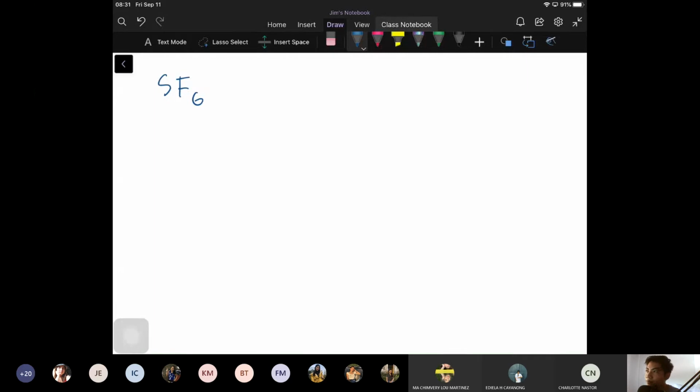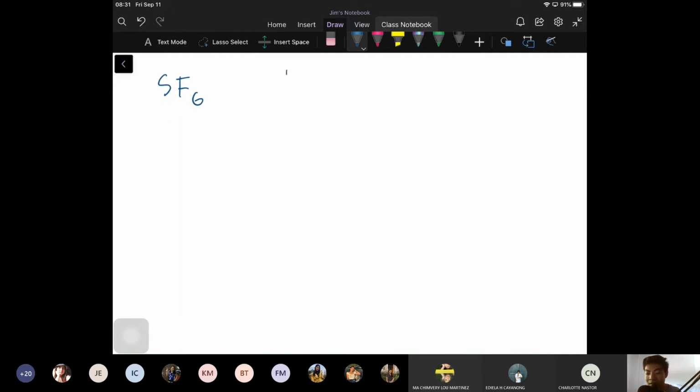Ayan, no? So, tignan natin. Sulfur is the central atom. And sulfur can be found on the third energy level, no? Nasa third energy level na siya, period 3. So, dapat may idea tayo, this may violate the octet rule. May. Pwede rin hindi.